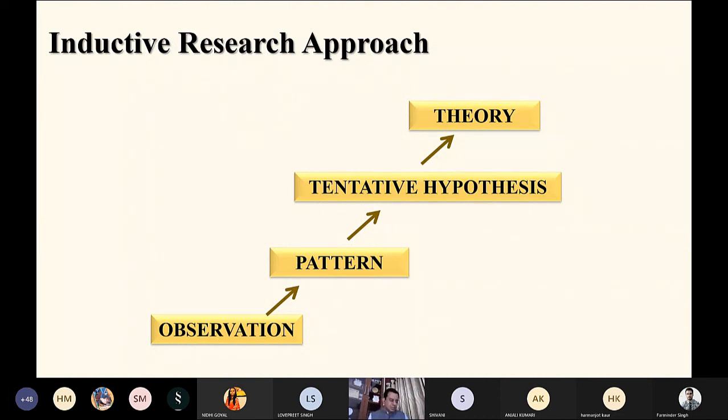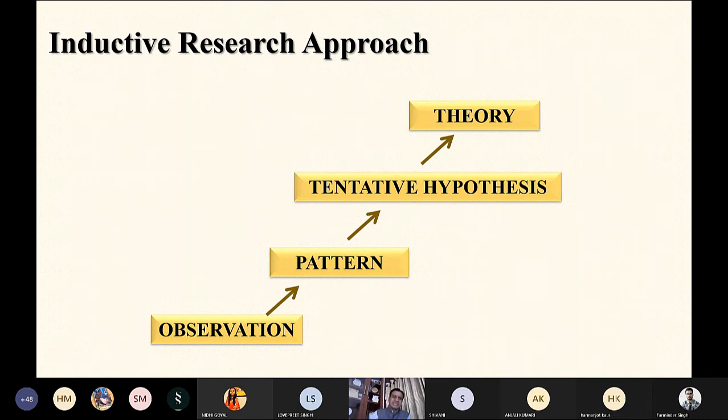Say, for example, in social commerce, in the previous slide I was talking about the TAM model, the technology acceptance model, that we used in social commerce. That was an example of a deductive research approach, because the TAM model, or technology acceptance model, was a theory that had already been developed by David in 1998, and we used the same.